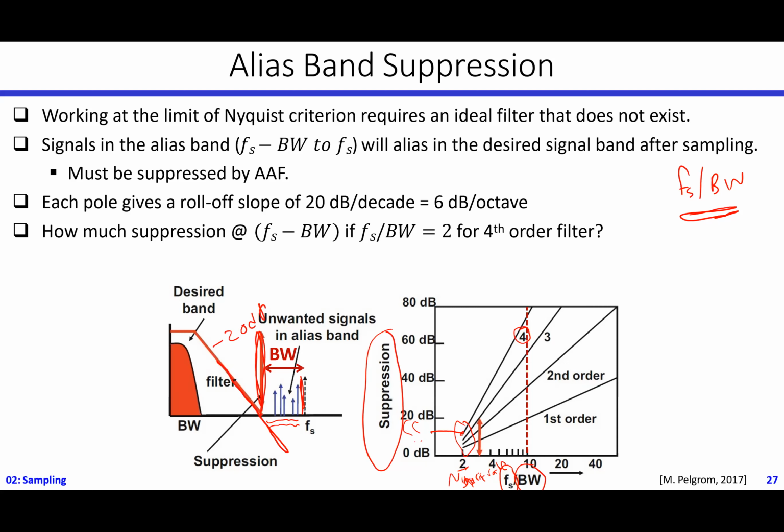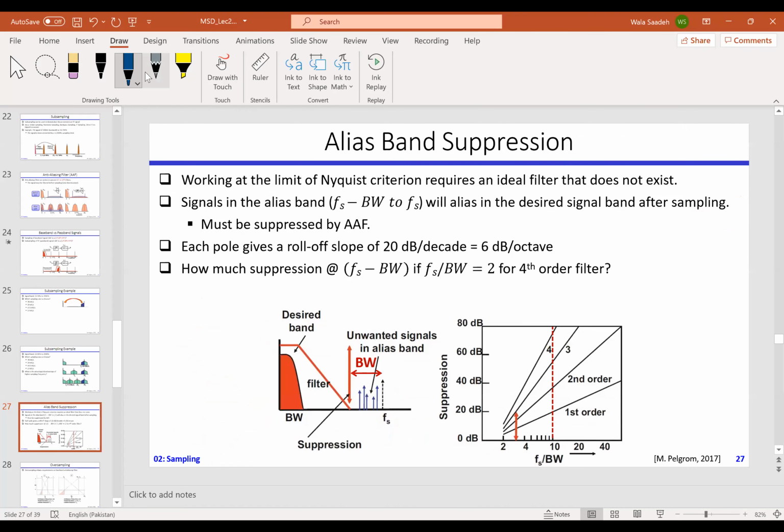minus 20 dB per decade or 6 dB per octave. Octave means you double your frequency. So now this is the ideal.